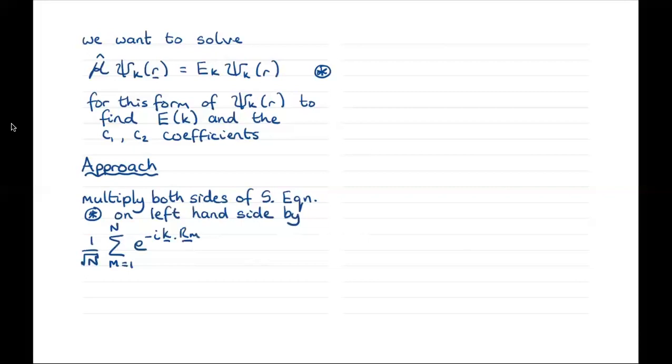Notice I'm using a different index here in the summation so I don't mix up my indices. Phi 1 of r minus capital R sub m minus d1, e to the minus i k dot d1, and then integrate over all space.